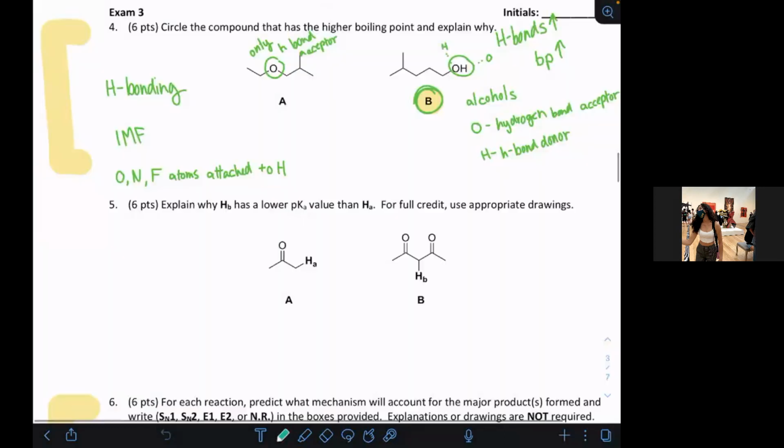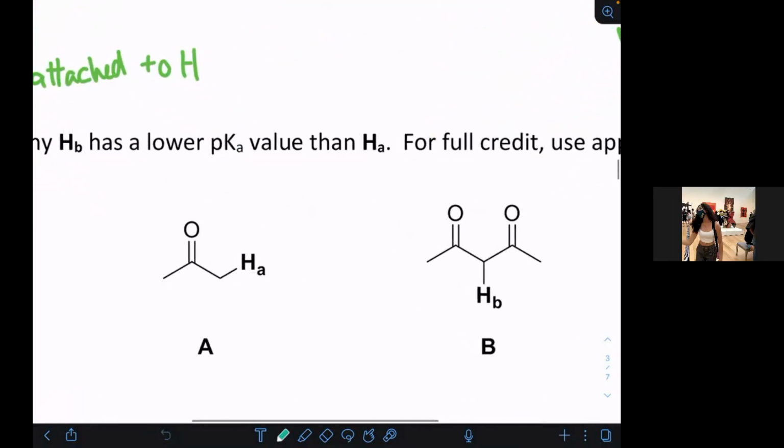Why HB has a lower pKa than HA. I feel like I was looking at a different problem. You just find the conjugate base, so HA and HB are just acids.